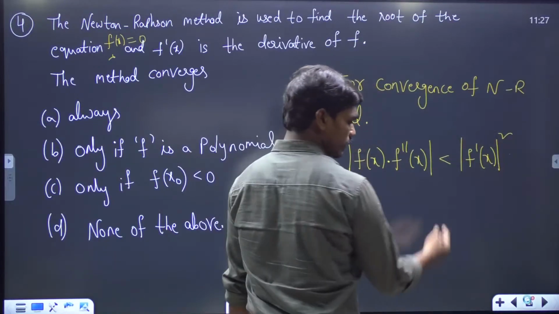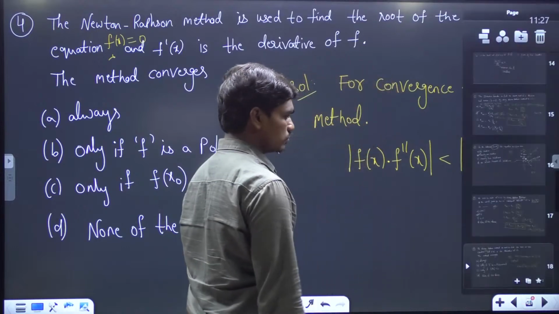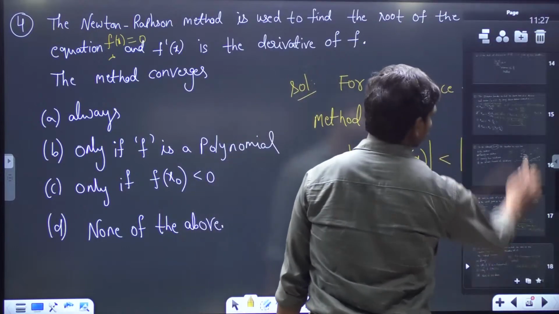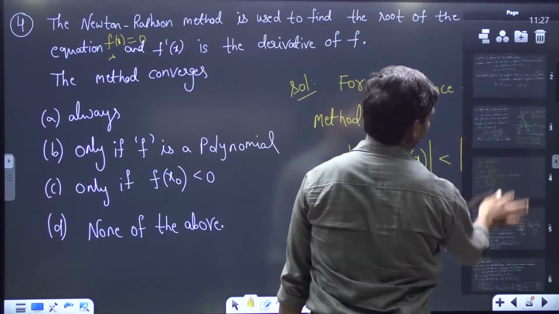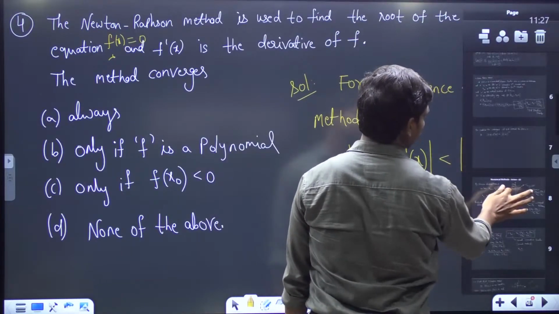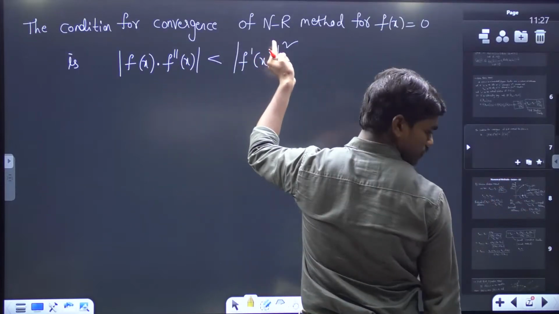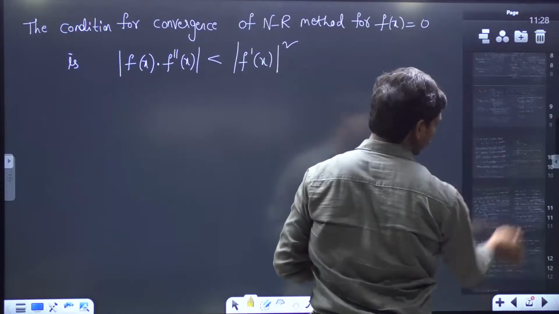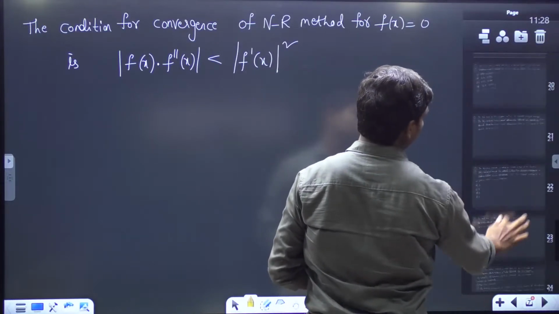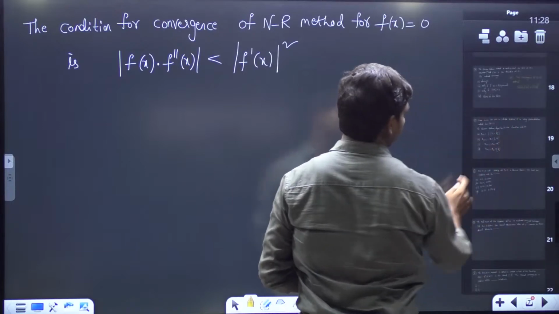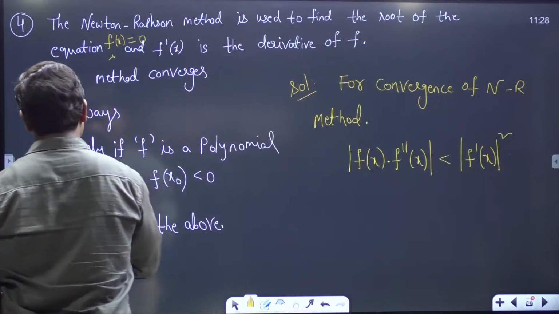So I told you, but is this option present in any of the first three options here? That's what I discussed as the last point in yesterday's class, if you remember: the condition for convergence of the Newton-Raphson method. So if you see, this condition is not present anywhere, so the answer is none of the above.